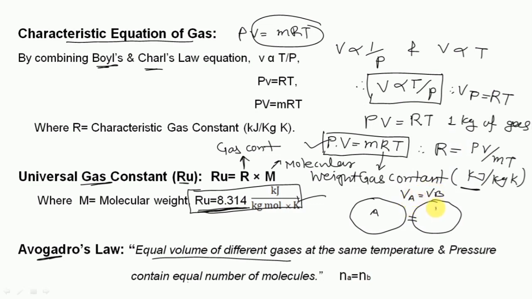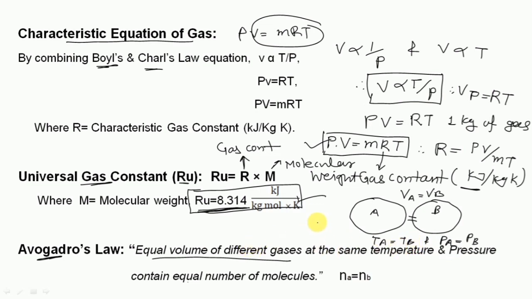If equal volumes of the different gases A and B are at the same temperature and pressure, I can write the temperature of both gases, TA is equal to TB, and pressure PA is equal to PB.